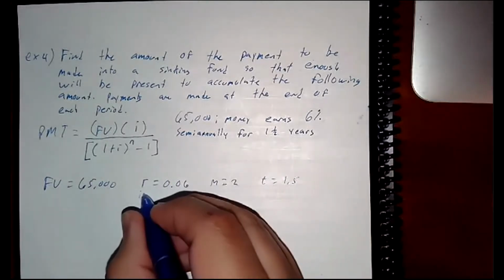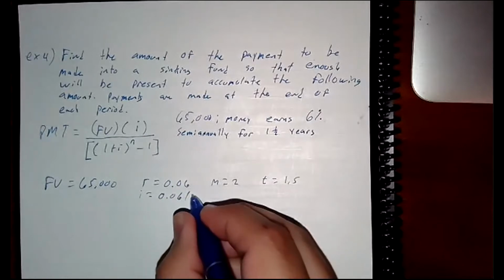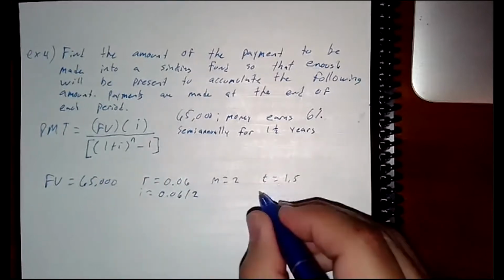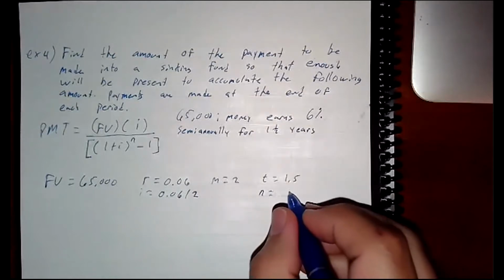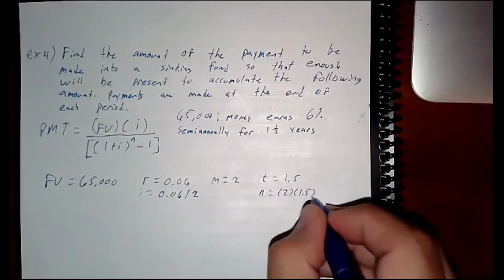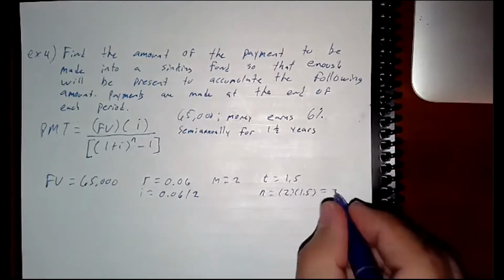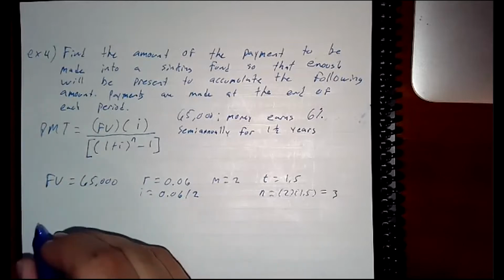I is still R over M, so 0.06 over 2. N is still M times T, which is 2 times 1.5. Then plug it all in and see what the payment is.